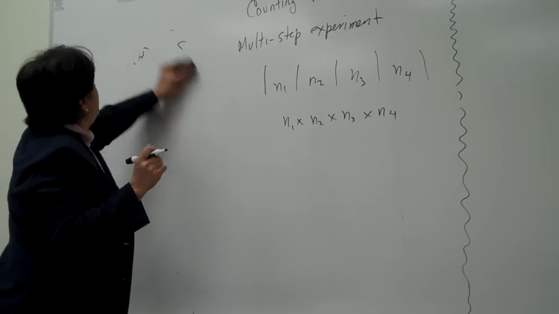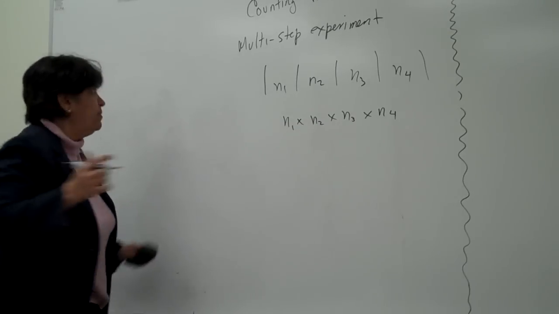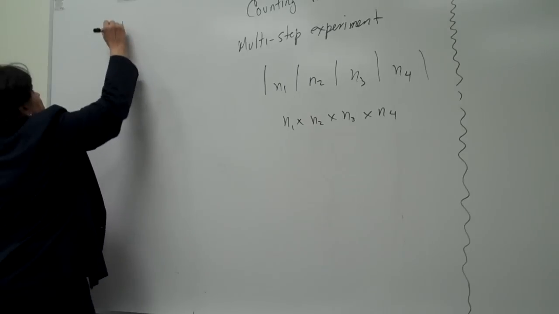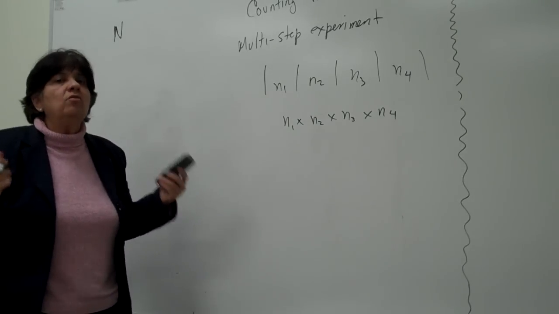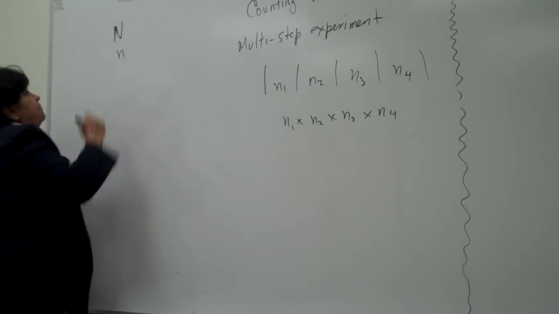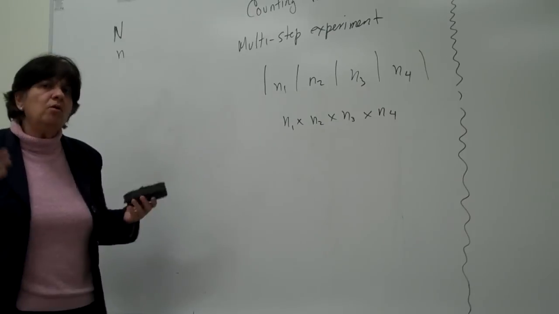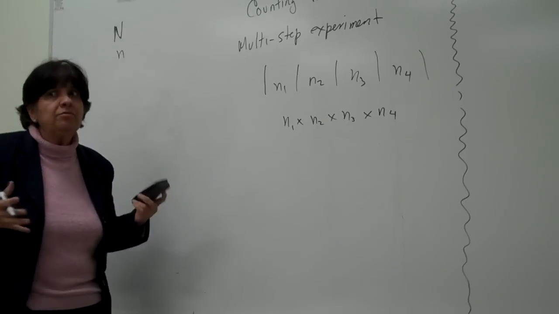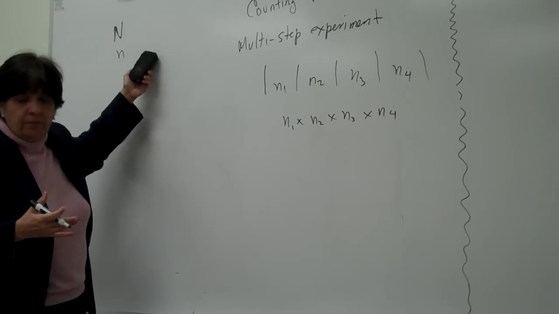What is that? We have a big number of elements and objects, capital N, and from those N objects we're going to get lowercase n objects. And we want to know how many possible outcomes we may have doing this.